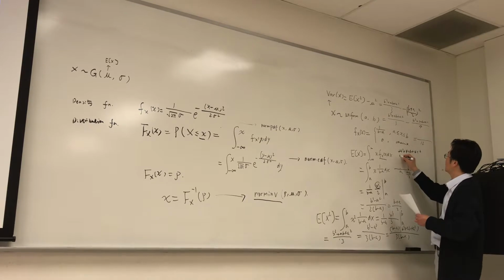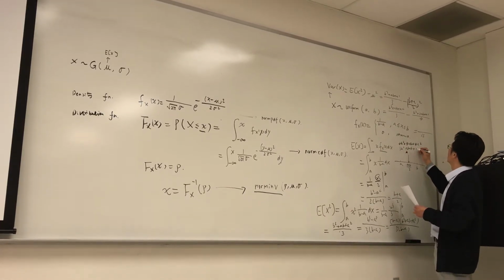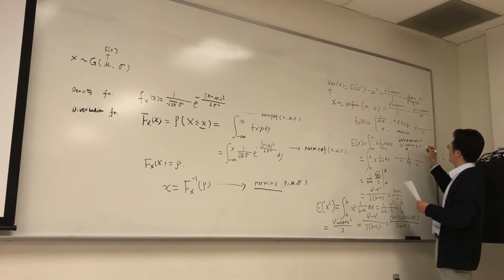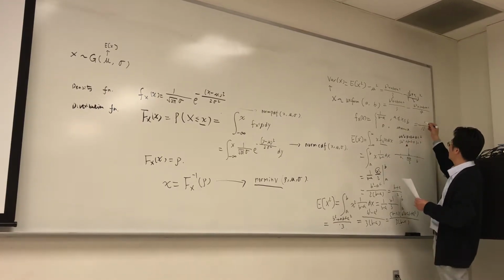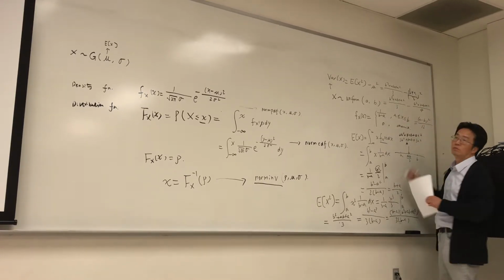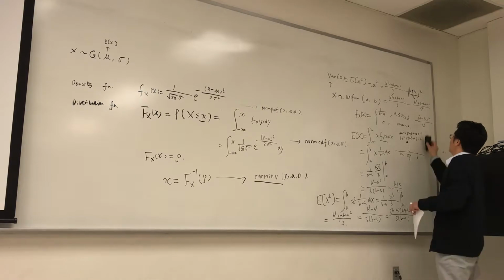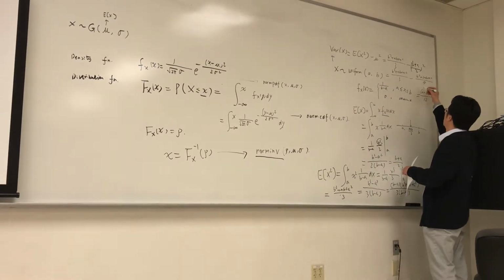Minus this guy, 3B squared plus 6AB plus 3A squared. So this should be minus though. Right. Actually, this corresponds to (B minus A) squared over 12. Okay? So this is the variance. Okay?